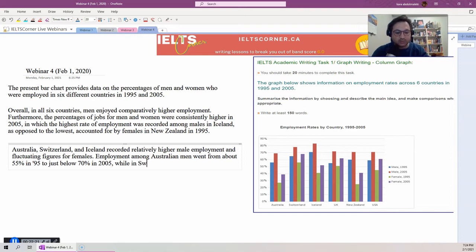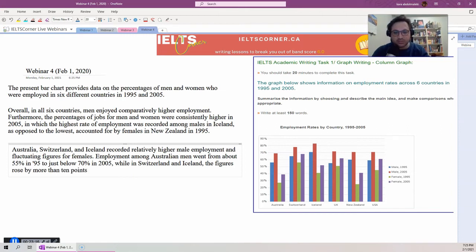while in Switzerland and Iceland, just to save space, let's put those two together. I'm trying to create longer sentences, complex structure. We see that in Switzerland and Iceland, we went from 65 to more than 75, and here from 70 to more than 80, so those are more than 10% increases. So the figures rose more than 10 points.